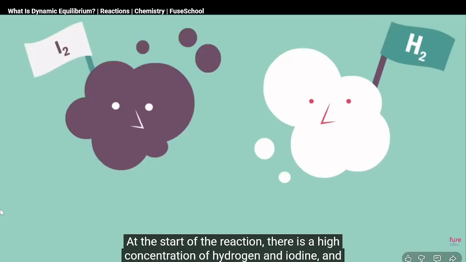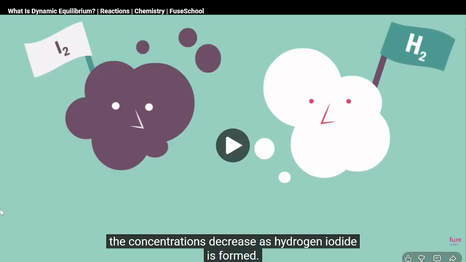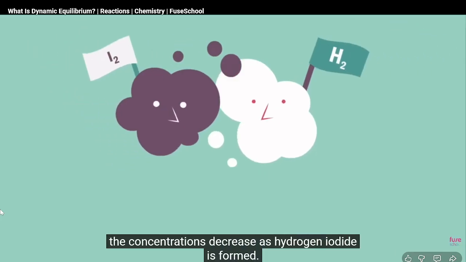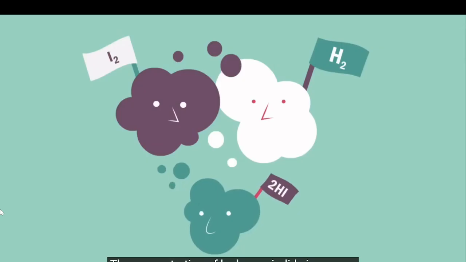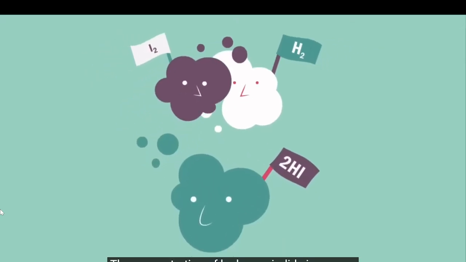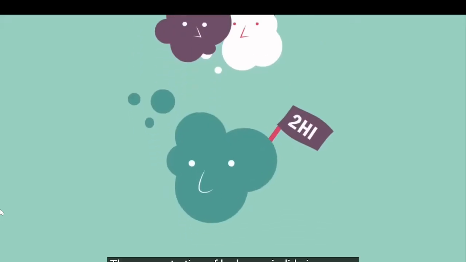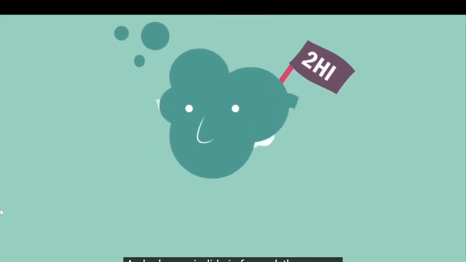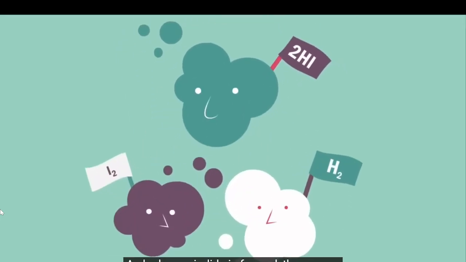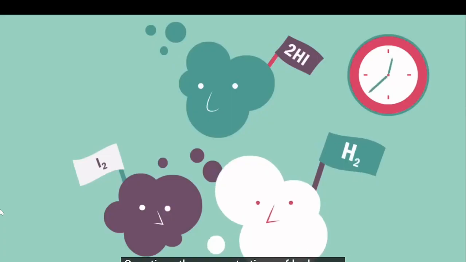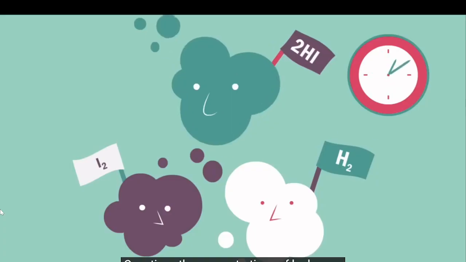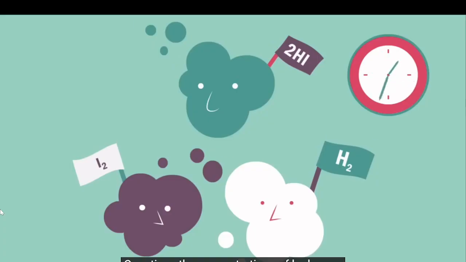At the start of the reaction, there is a high concentration of hydrogen and iodine. See how there's a lot? A lot of reactant. And the concentrations decrease as hydrogen iodide is formed. The concentration of hydrogen iodide increases as the forward reaction proceeds. As hydrogen iodide is formed, the reverse reaction is then able to occur. Over time, the concentrations of hydrogen, iodine, and hydrogen iodide remain constant.